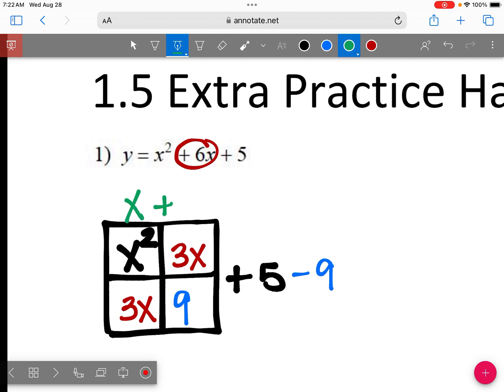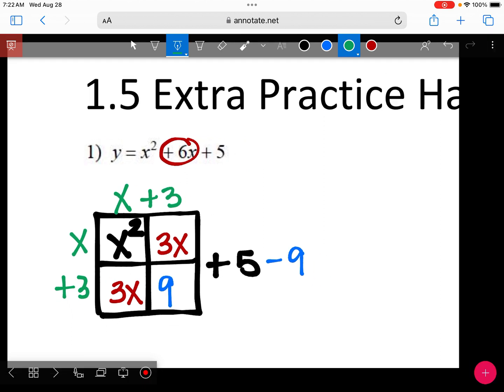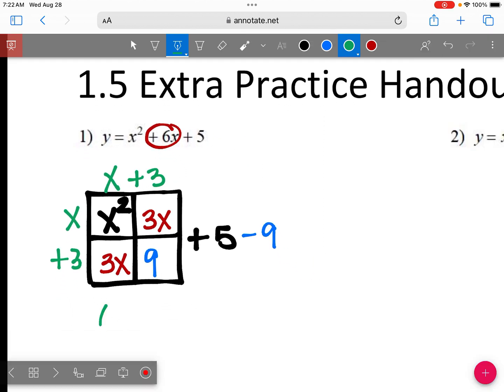So this is going to factor down to x plus 3 times x plus 3, which is the same as x plus 3 squared. So we got y equals x plus 3 squared.